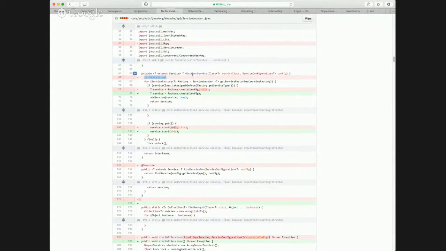What would happen is that if the service locator is started, then you would discover the service potentially having no config here because it was not passed to you, and then you would start the service with a null configuration.